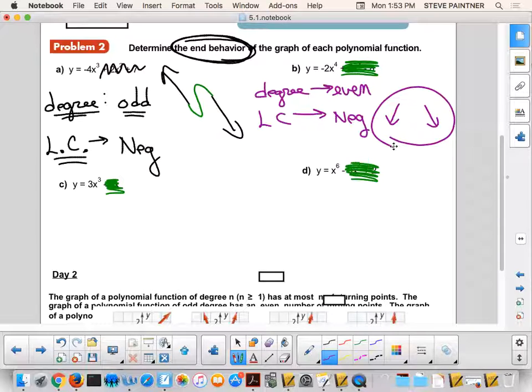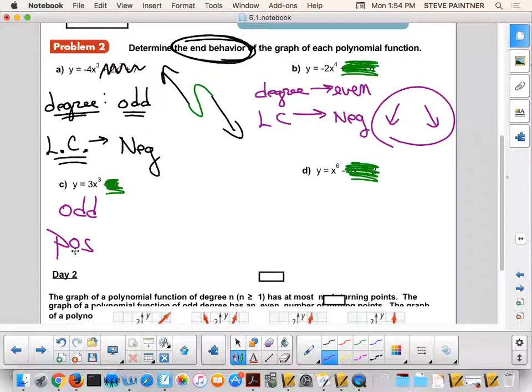John, degree of this one is what? Odd or even? Odd. Leading coefficient is positive or negative? Positive. You have a positive odd polynomial. It acts like a line. Lines don't go down here.